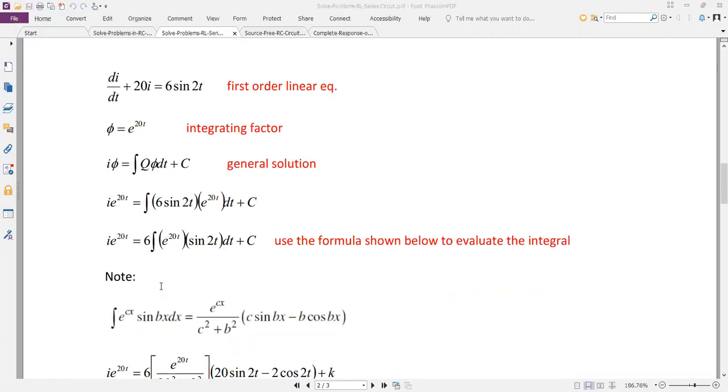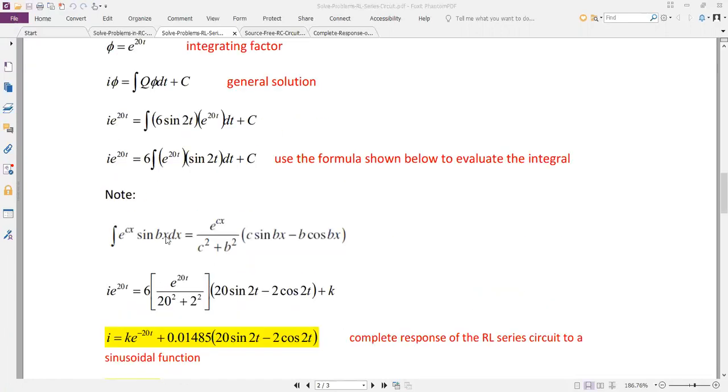And if we process this now, we have the integral having the exponential function and the sine. A while ago, I shared with you a general formula for the cosine and an exponential function. This time, I'm sharing a formula in terms of the sine and the exponential function.